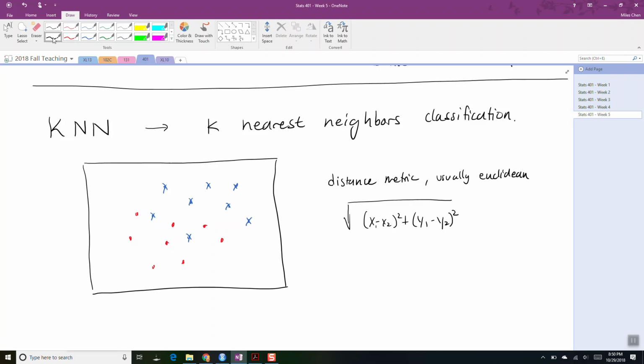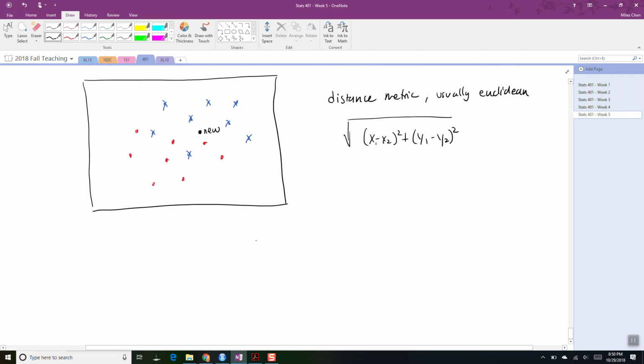And you have a new point. This is your new point. And the way it works is you have K, which is some arbitrary number, generally an odd number.